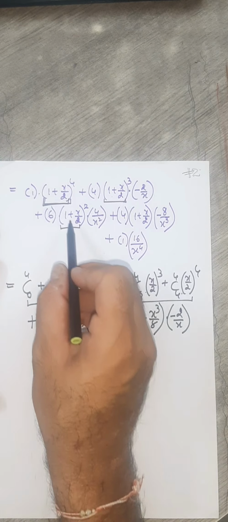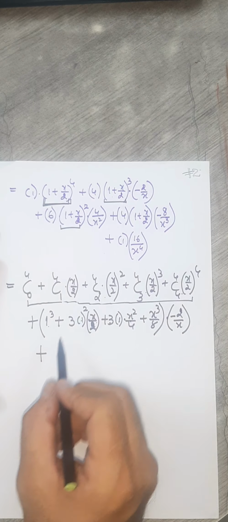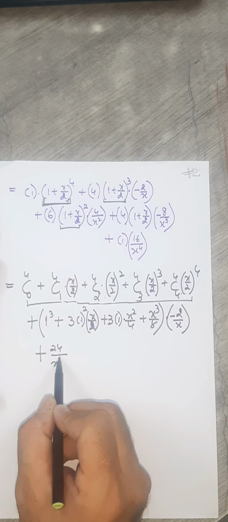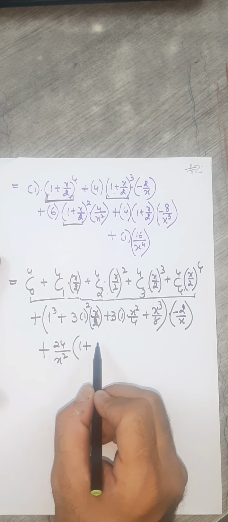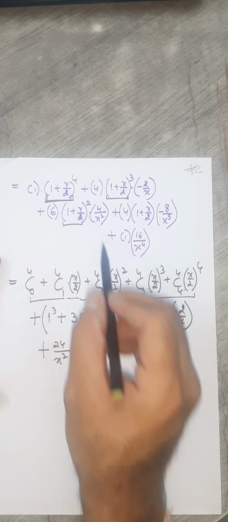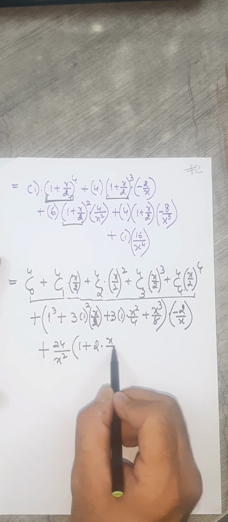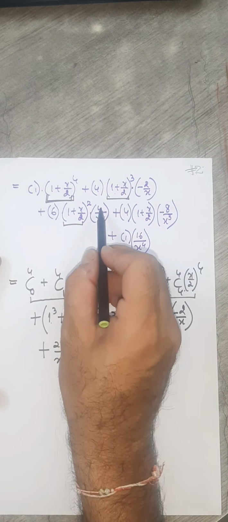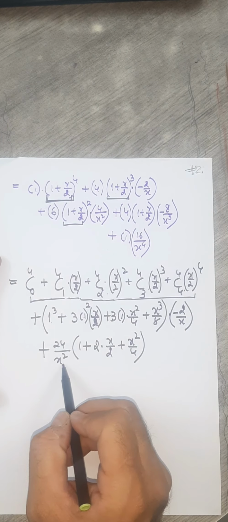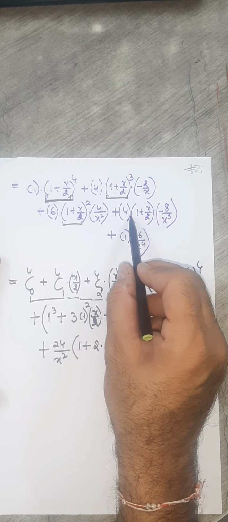plus, now what about this, 6 4s are 24 by x square as it is. We expand this: 1 plus 2 times ab, that is x by 2, plus the last term which is x square by 4. 4 into 6, 24 by x square, already written here. What about this?